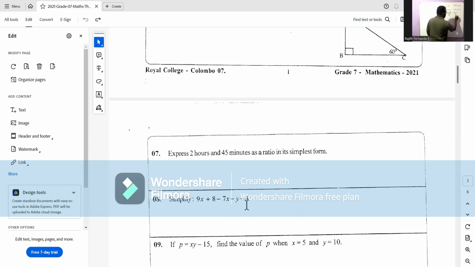And you get 24 here and 9. Then 24 to 9, again you can divide both sides by 3. This gives 8, and this gives 3. Then you can say its simplest form is 8 to 3. That is the simplest form.